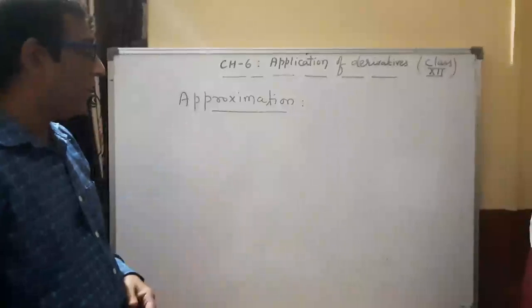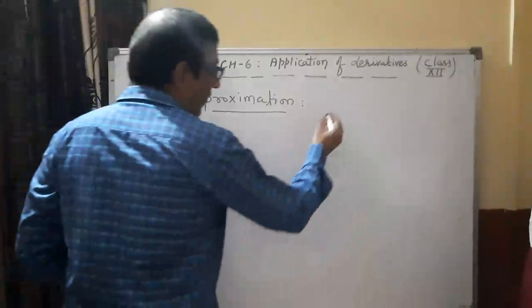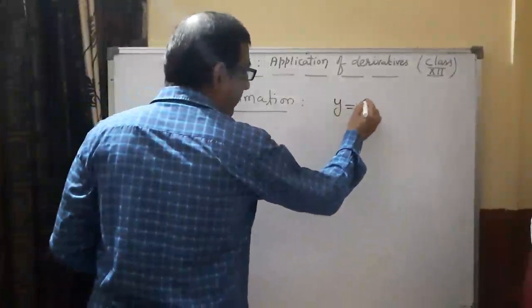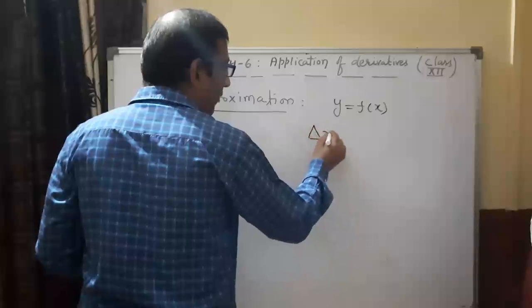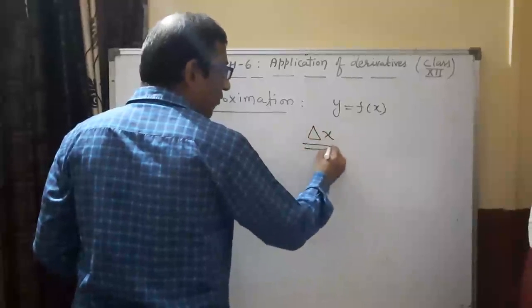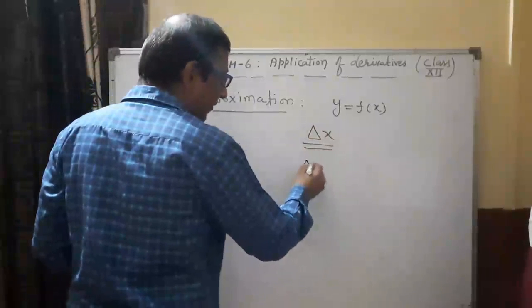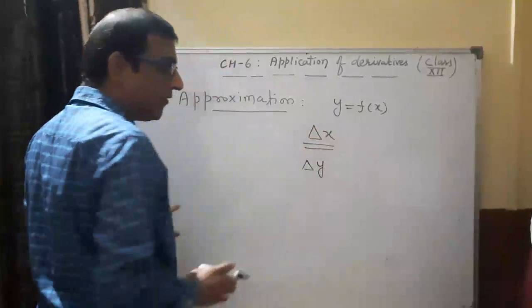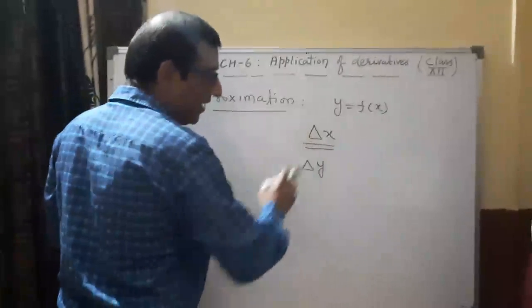Now I am continuing with the concept, that is approximation. If a function y equals f x, then we can say delta x is a small increment in x, and delta y is an increment in y corresponding to the increment in x.